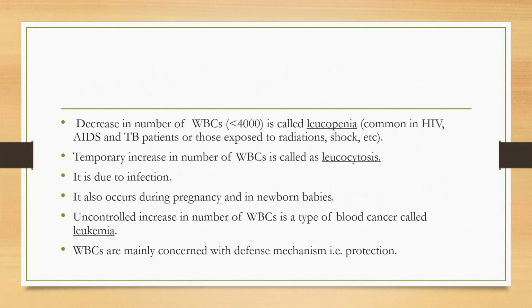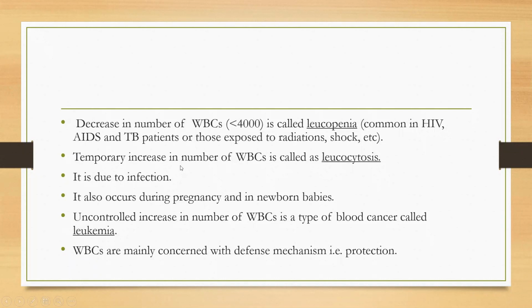When the number is less than 4,000, this condition is called leukopenia, and this is commonly found in HIV patients, AIDS, and also TB patients. It is also seen in those who are exposed to radiations and shocks.